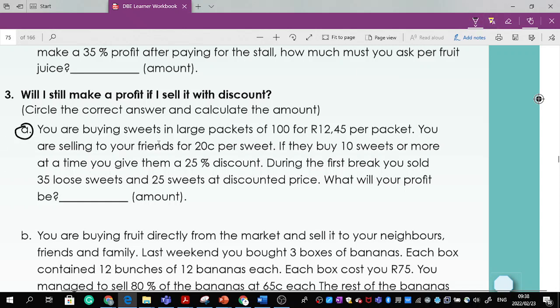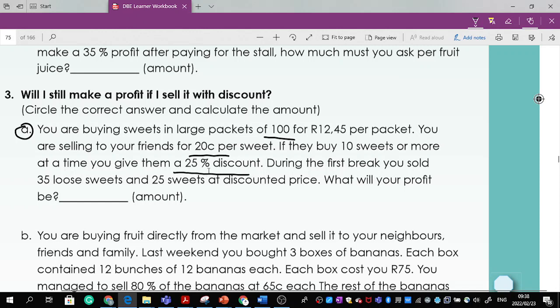You are buying sweets in large packets of 100 for 12 rands 50 per packet. You are selling to your friends for 20 cents per sweet. Okay, so we have 100 sweets and we're selling for 20 cents each. If they buy 10 sweets or more at a time, you give them a 25% discount.